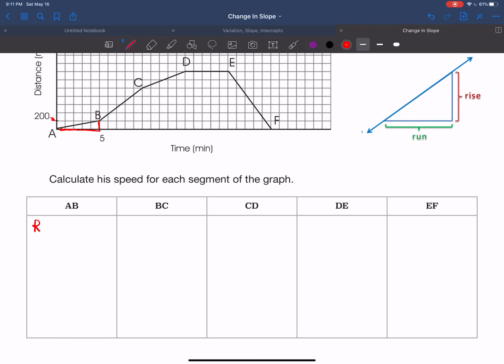So rise is equal to 200 because that's what the scale is. Our run would be 5 minutes. So our slope would be 200 over 5, our rise over run.